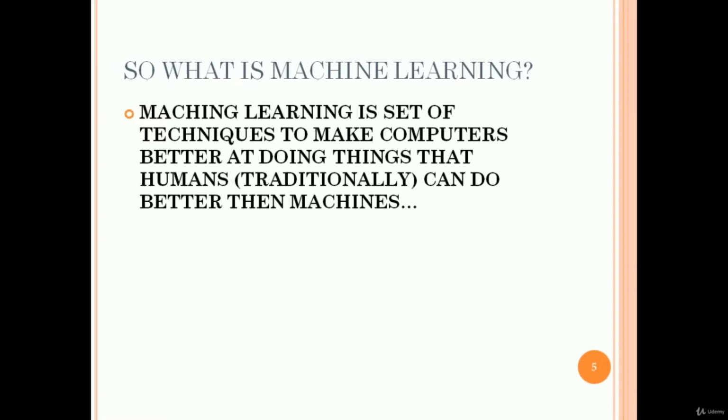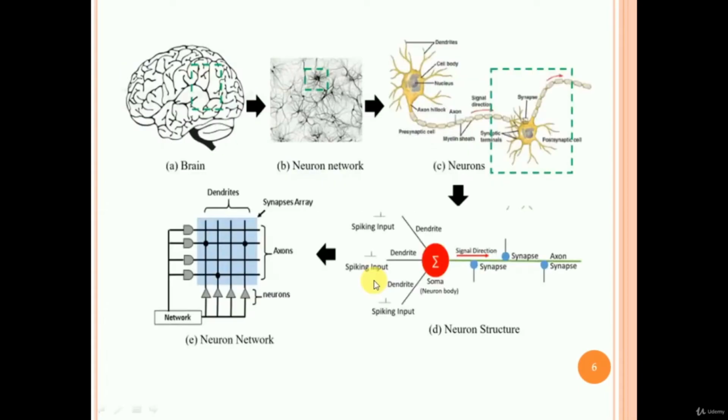So to understand how machine learning actually works, we must know how a human learns things from different scenarios or different environments, and similarly a machine can learn as humans do. So guys, here is the example of our brain. Our brain consists of thousands or millions of neurons, and whenever we think or take any kind of decision, some of the neurons light up.